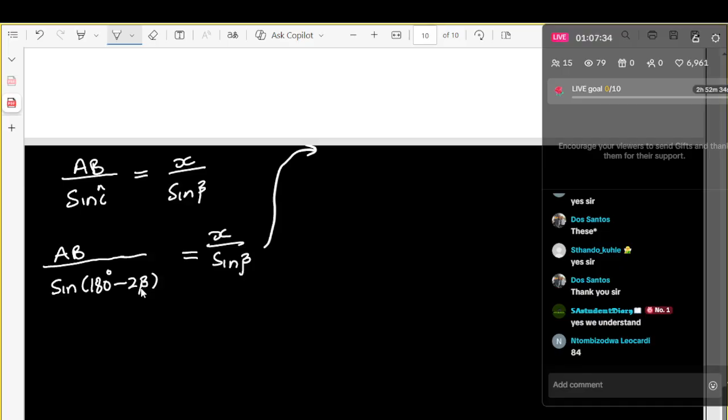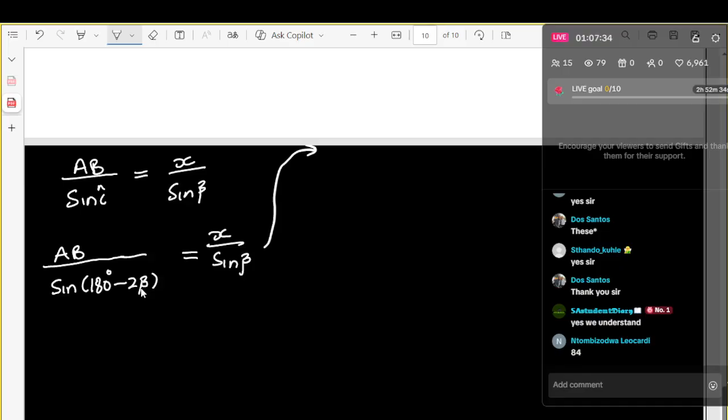Now we need to make AB the subject of the formula. We can just cross multiply and say AB sine beta is equal to x sine 2 beta. Next, I can divide both sides by sine beta. So what will AB be equal to?